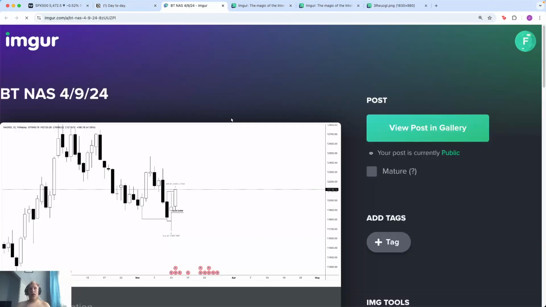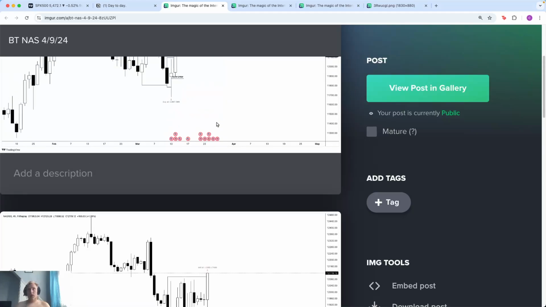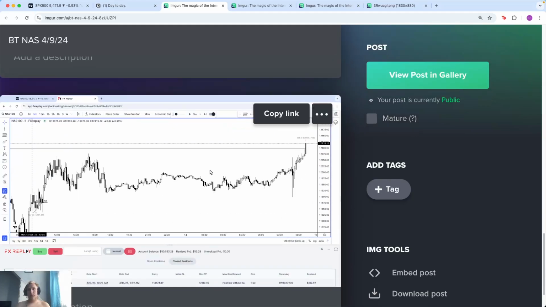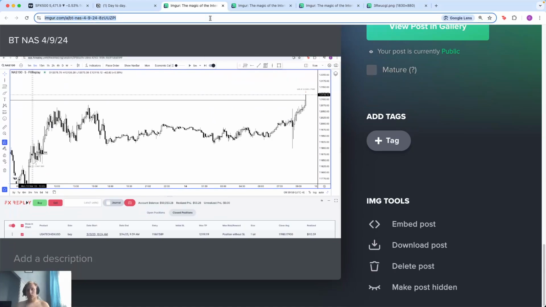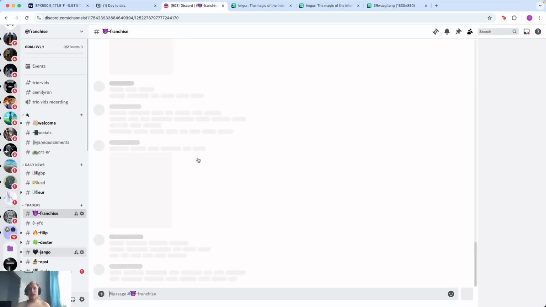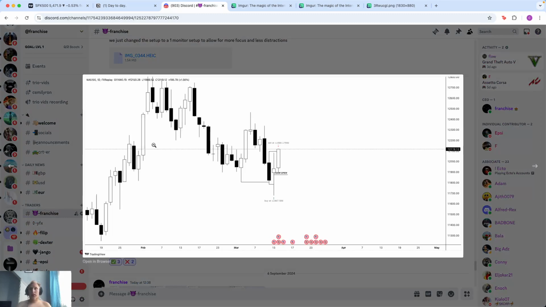Where's the other images? I'm going to show you this. I don't think I made a video on it, but I'll put it in the Discord. Let's have a look. But please start using SMT if you don't. Here we go. Okay, so we had key level and CRT.